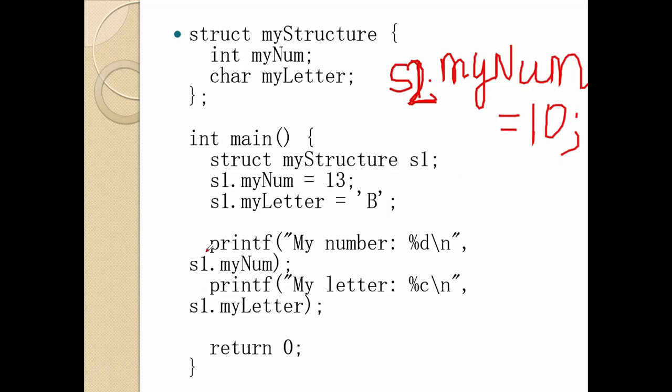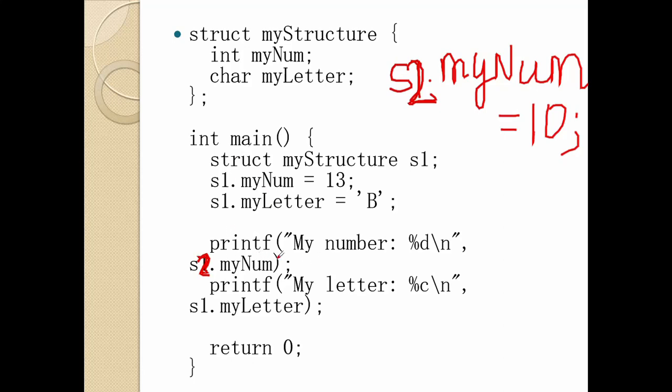Okay, and now if I'm trying to print s2 dot mynum, then what is the output going to be? Although the mynum is the same name, this mynum is of the s2 variable and this is the mynum of the s1 variable. So accordingly we need to access it.